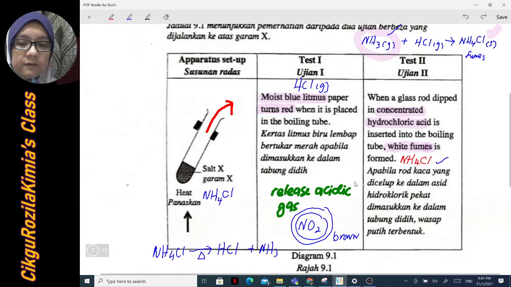It's actually reversible reaction ya anak-anak, sebab itulah kita nampak hasilnya kat sini dengan kat sini macam lebih kurang sama. Dia reversible reaction. Okay, so let's go to the question.